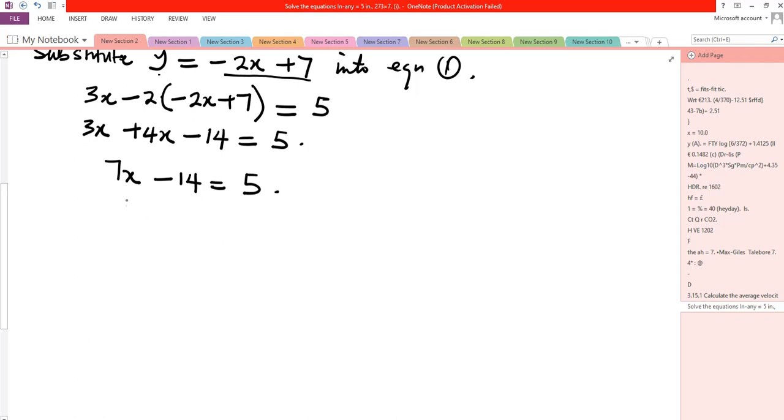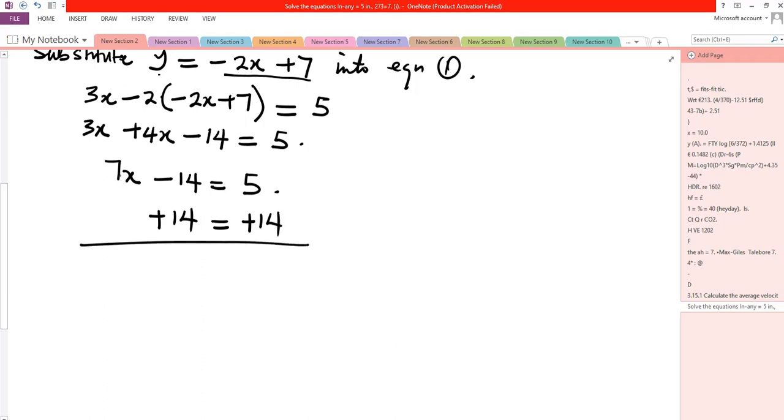Now to isolate this 7x, this is minus 14. To take off this minus 14, you add 14 to the left hand side. But remember, what you do to the left hand side, you also do to the right hand side. So we'll say plus 14 equal to plus 14 on this other side.